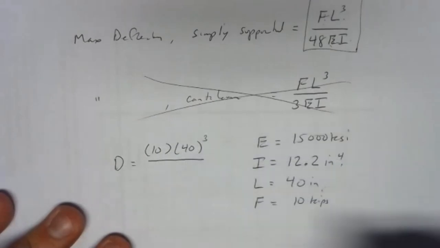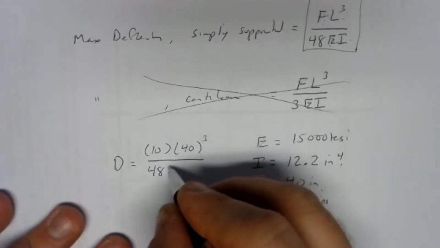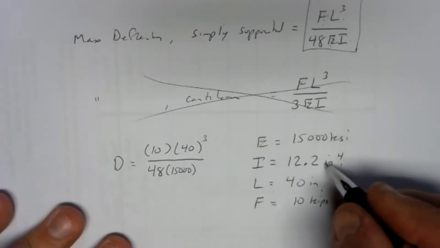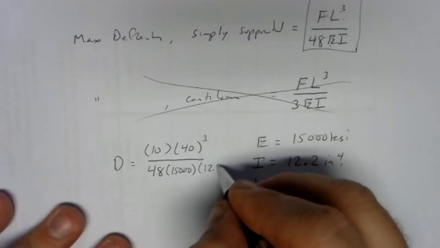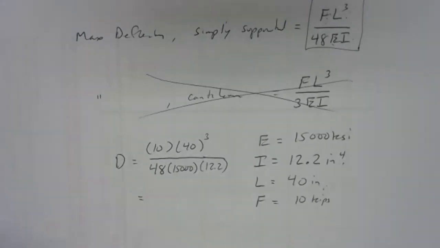Just focus on the order of operations and getting the number correct. So we have 48, 15,000, and the moment of inertia was 12.2. Only the 40 is cubed, so make sure you don't multiply by 10 and then 40 and cube the 10 in there too. You'll end up with something 1,000 times too big.